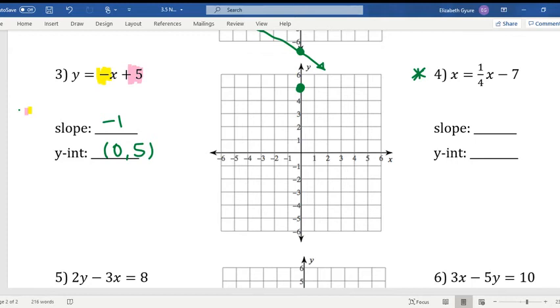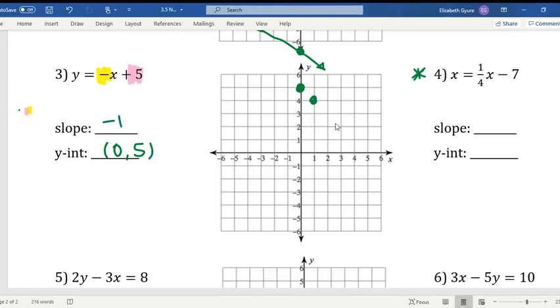Now, how would you count out a slope of -1? Well, 1 where? Down, left, right? Okay, so we're gonna go down 1, and then from there, where do you think? Left or right? So if I went down and left, isn't that a double negative? What's a double negative make? A positive. So do I wanna go down and left? No, you should go down and right. And then can I do that again?